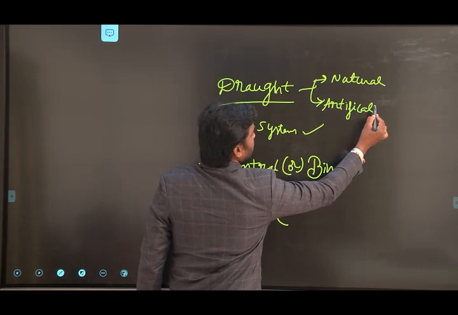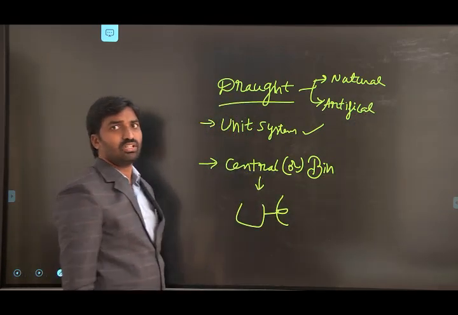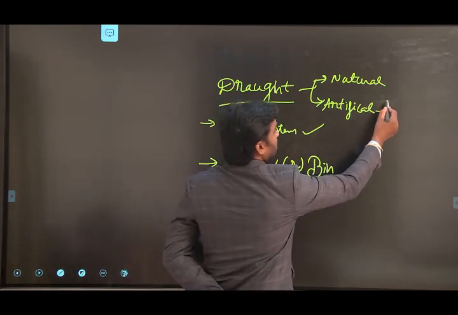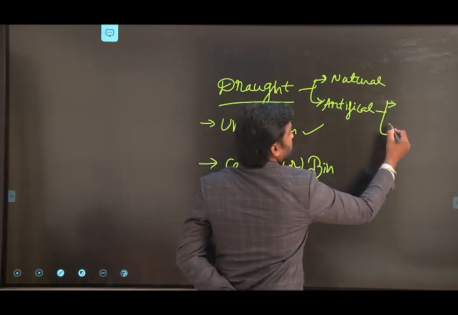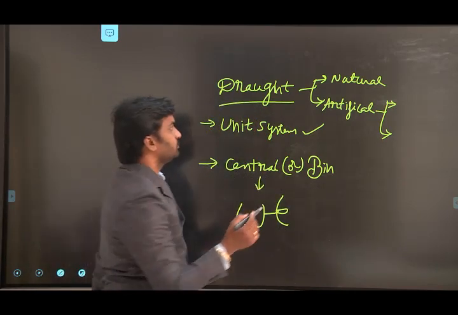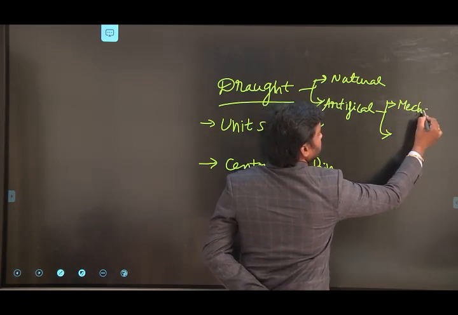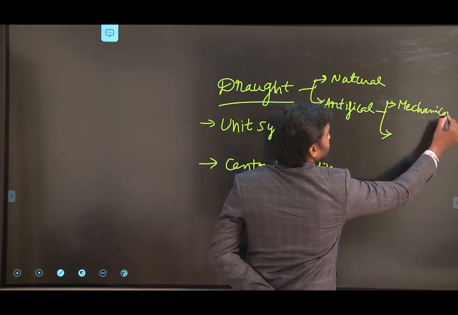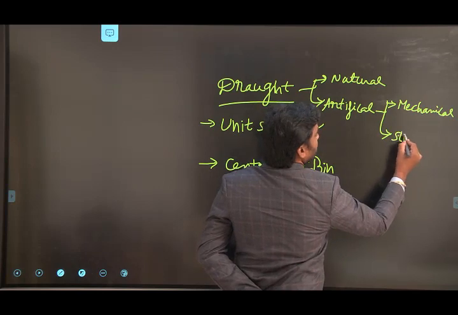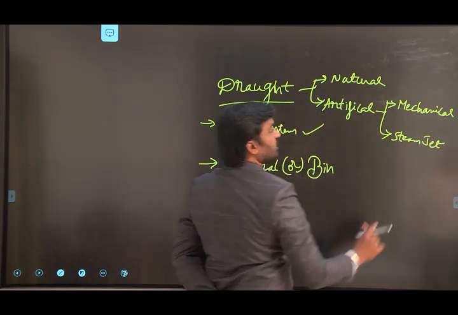In artificial draft, again we have two types. One is the mechanical draft system, and the second one is the steam jet draft system.